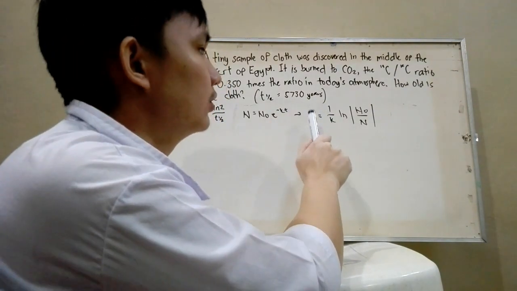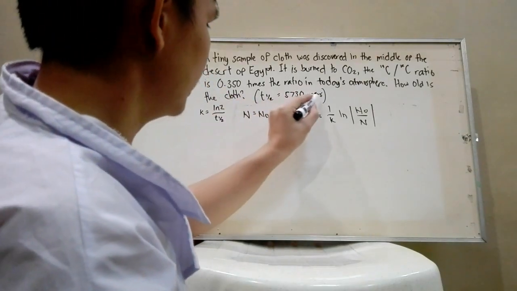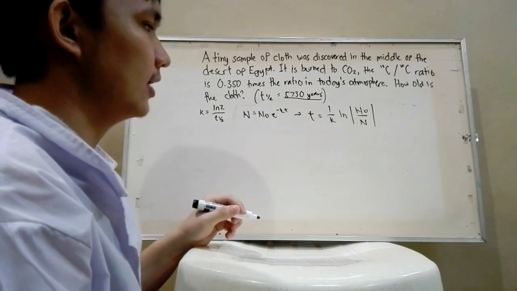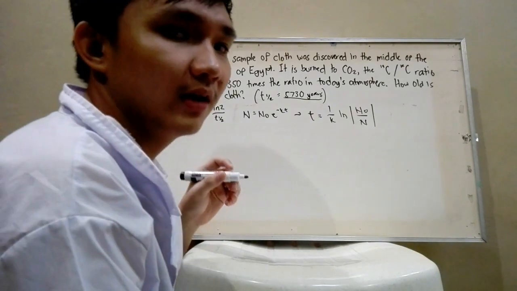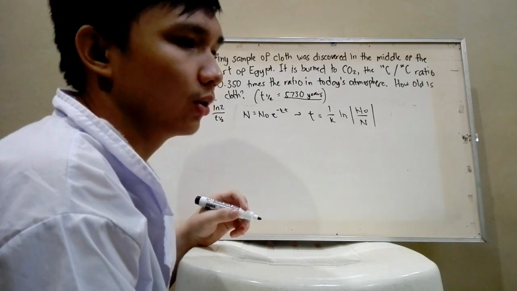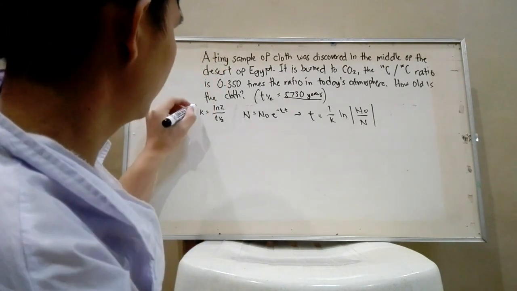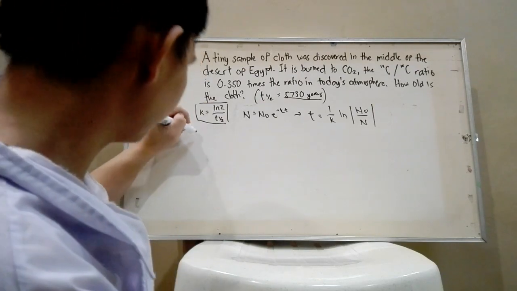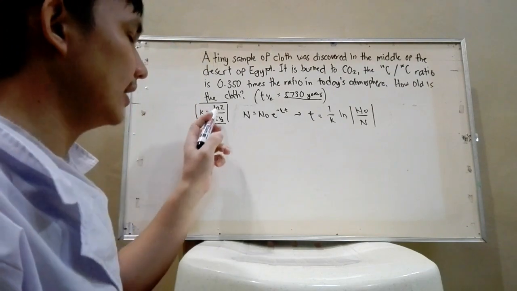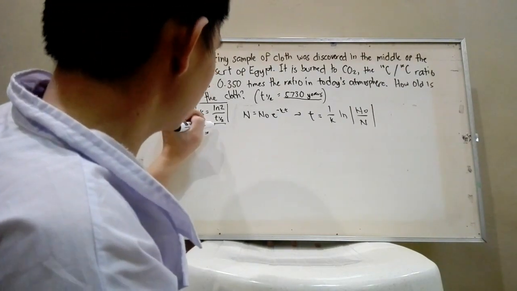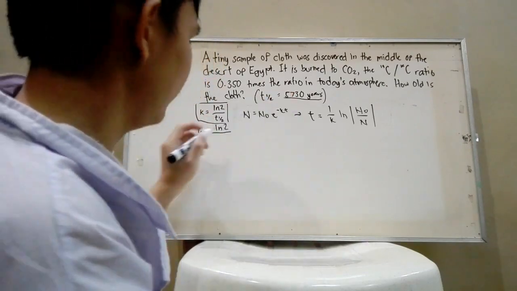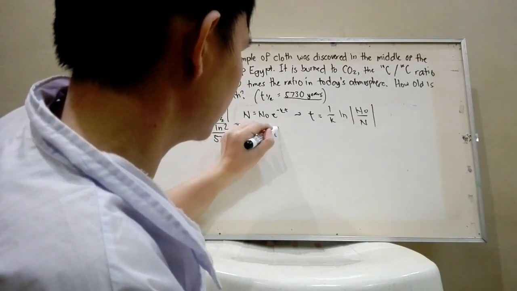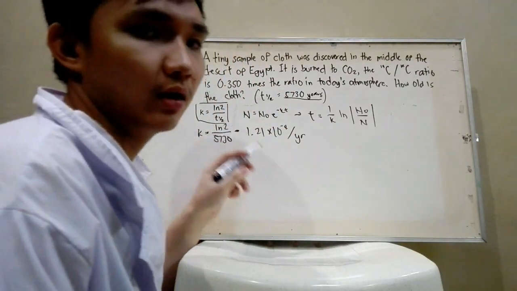It's carbon dating, so we have 5,730 years. And first, we have to find the value of k, which is the rate constant or decay constant. So finding k is ln 2 over the half-life. So ln 2 is approximately 0.693 over the half-life, which is 5,730. And you will get 1.21 times 10 raised to negative 4 per year. So this is the decay constant.